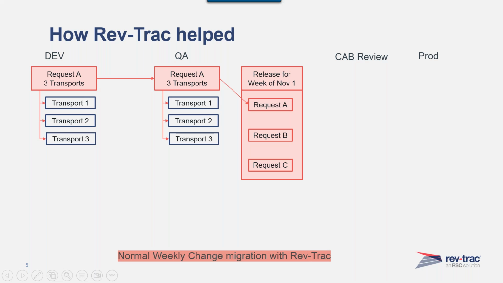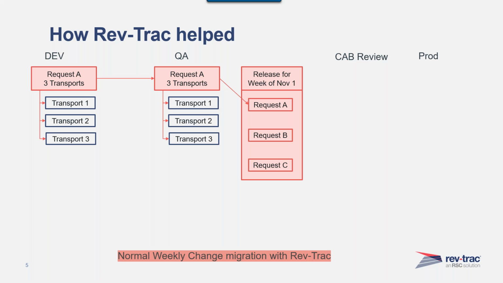As you see there, when we go from dev to QA, the box next to that is for releases. For our normal changes, we go to production on weekly releases. And now what we do is these different requests go through dev and QA and then get queued up into a release.